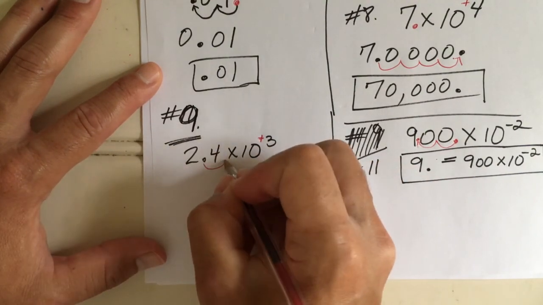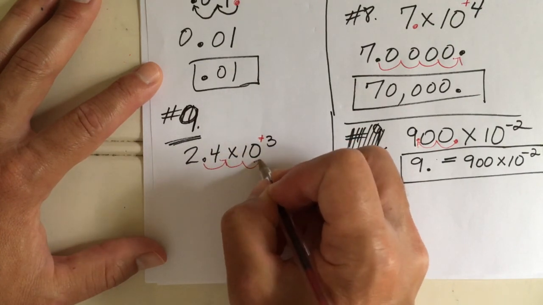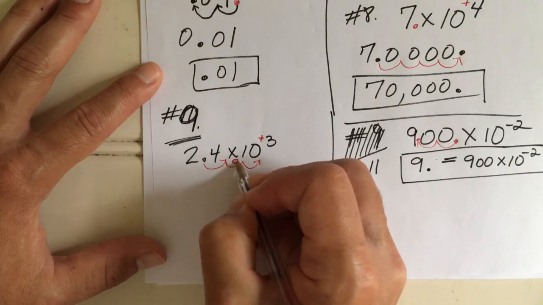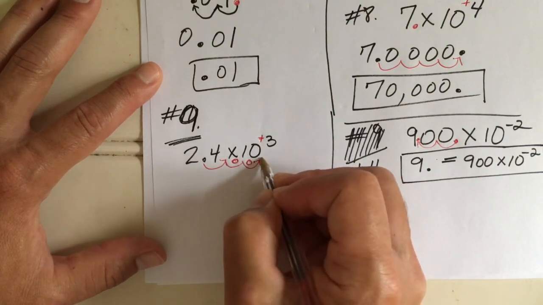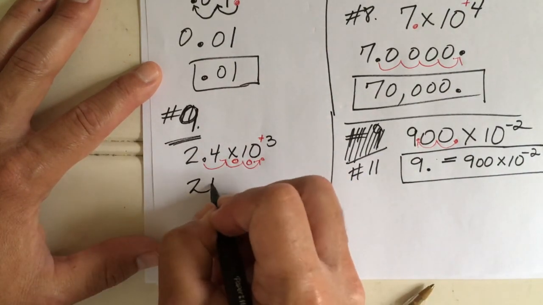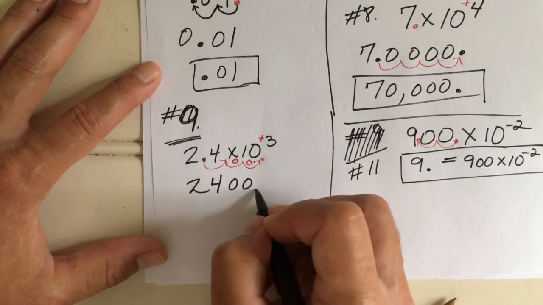So I'm going to move it 3 times in the way that makes it larger, which would be to the right. So 1 time gets me around the 4, 2 times, 3 times. The 4 is in the valley here. Here there's no number in the valley, so it's going to be a 0. Here there's no number in the valley, so it's going to be a 0, and I'll draw my decimal point. So what that's going to look like then, if I clean it up a little bit, is 2400, and then decimal.